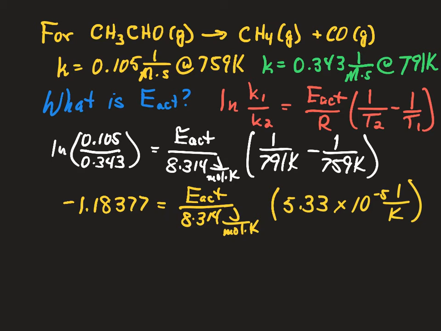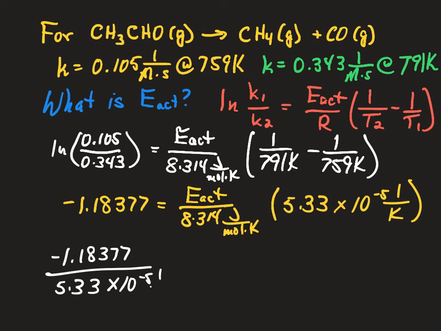If we divide both sides by this, you end up with negative 1.18377, which is unitless, divided by 5.33 times 10 to the minus 5 per Kelvin.